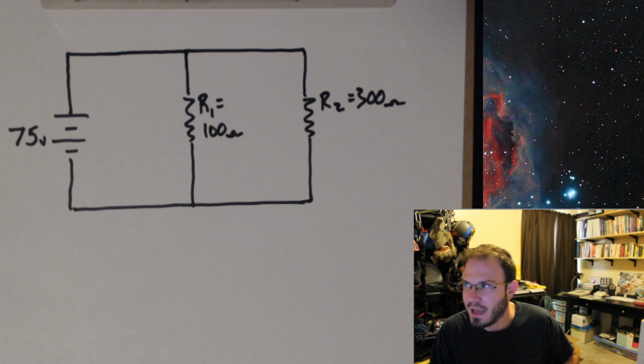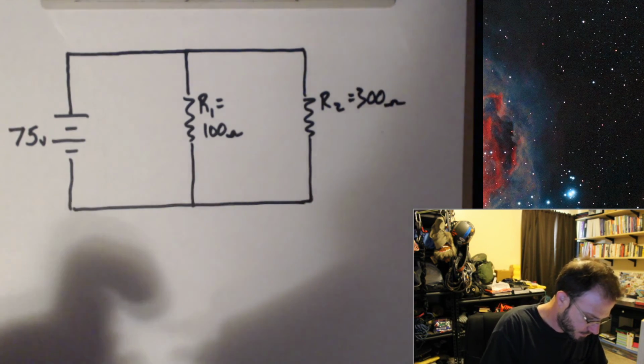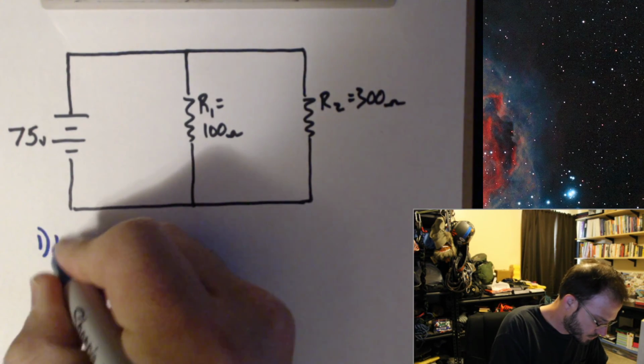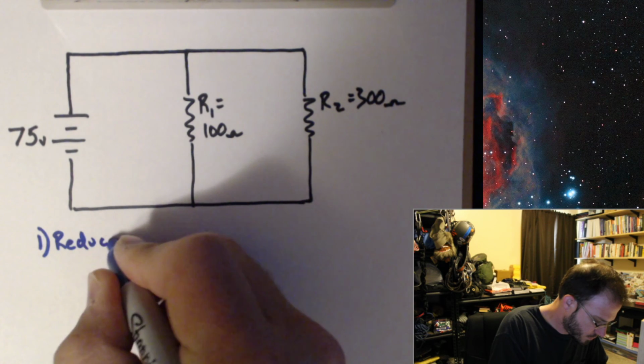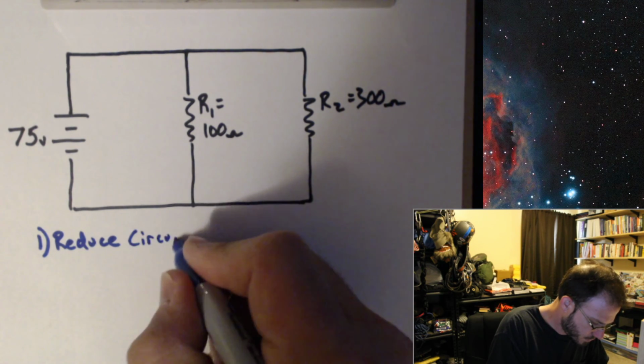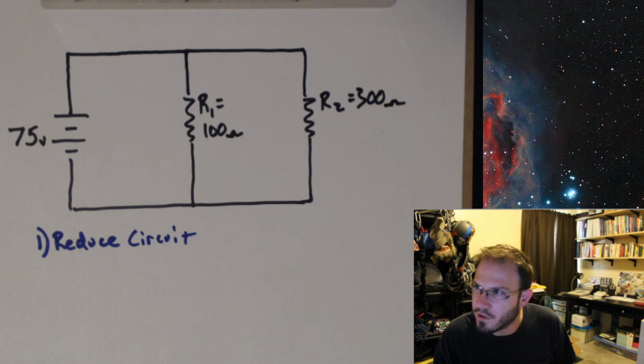Okay. Now, first off, I think a good approach to any problem that looks like this is to solve for RT first, okay? That would be my first thing that I would do, just looking at this. And you'll see why in a second. So can we reduce the circuit? Sure, I can come up with an equivalent resistance for these two.